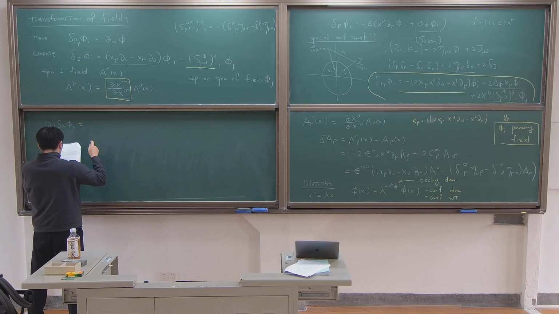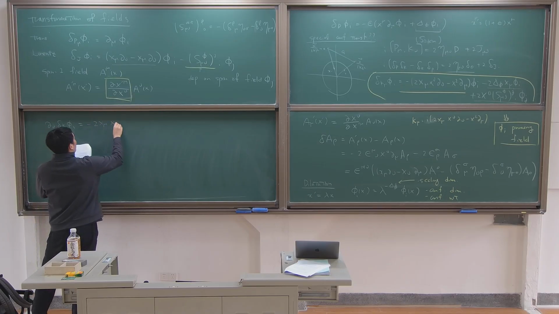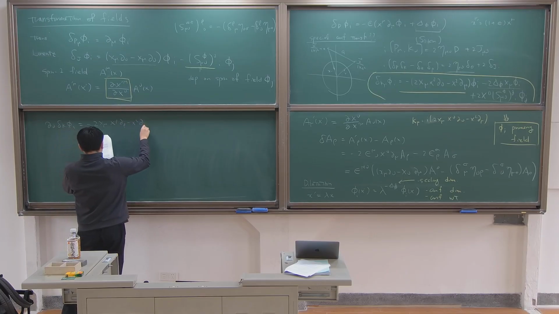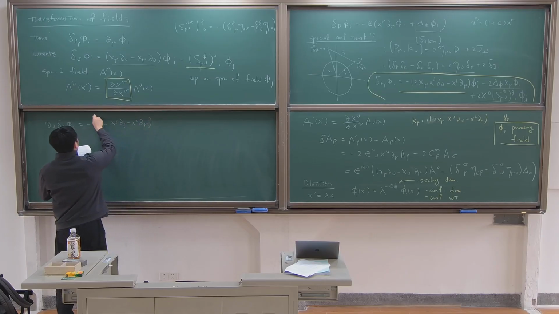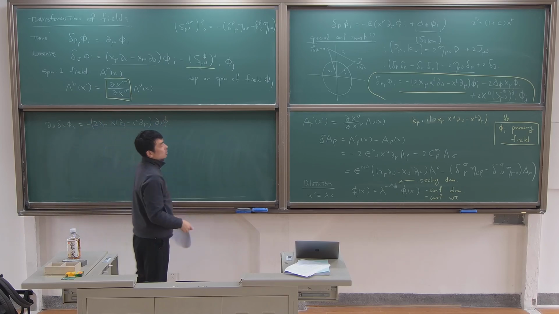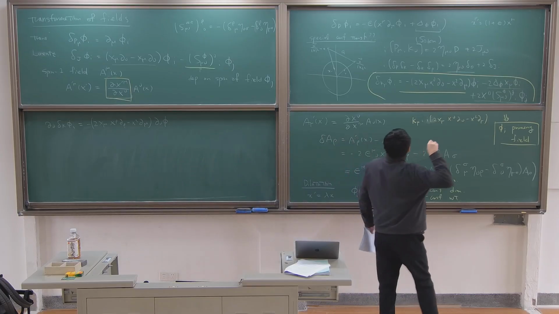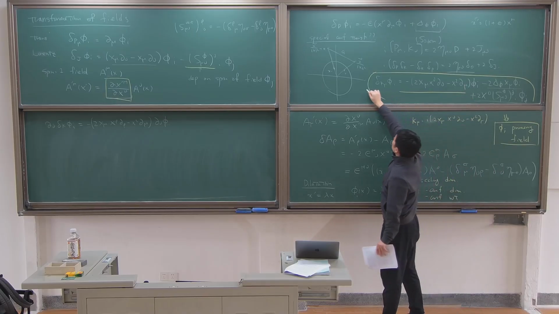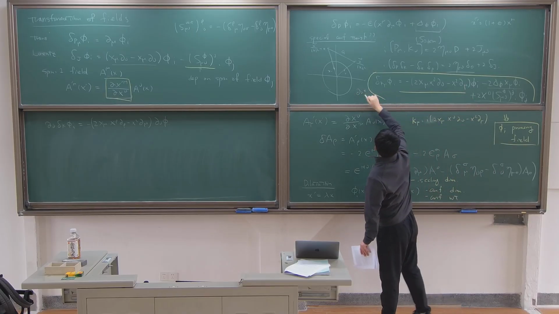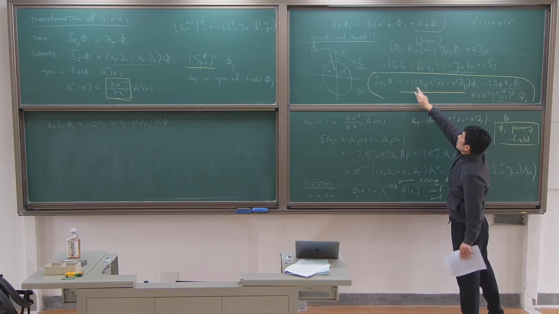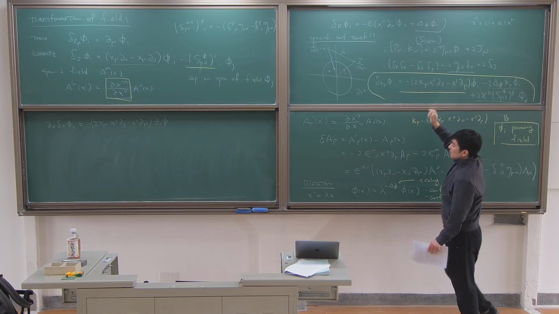Minus 2x mu. So this is an ordinary piece you get. If you act the derivative on here, so multiply this one in here, you will see this one. In addition to this, this derivative acts on x.